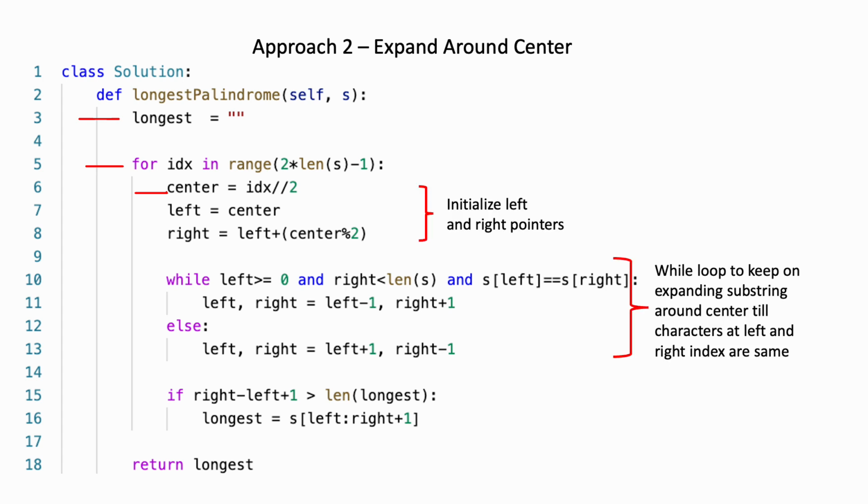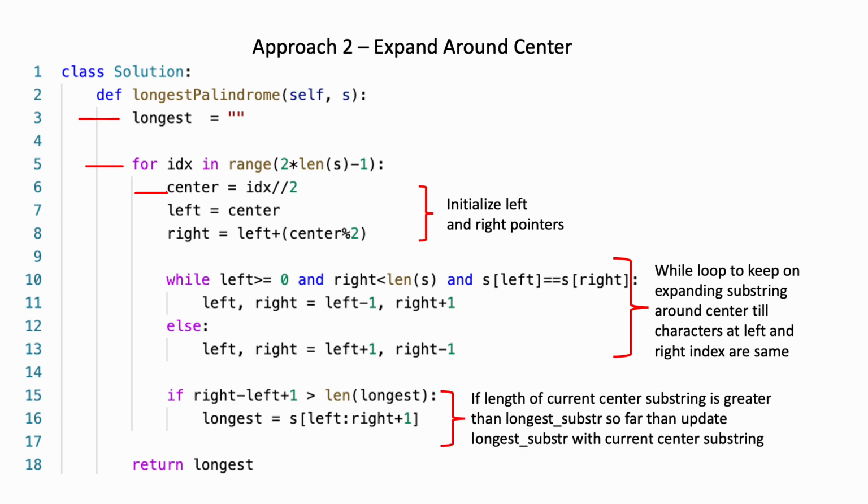Then we have a while loop to keep on expanding the substring around the center till the characters at the left and right index are the same. Then we have an if block where if the length of the current center substring is greater than the longest substring so far, then we update the longest substring with the current center substring. And at line 18, we return the longest substring.